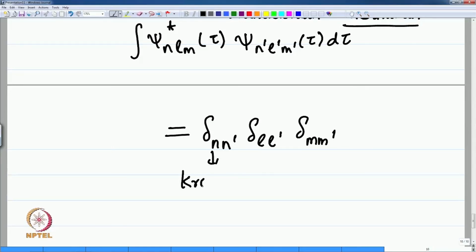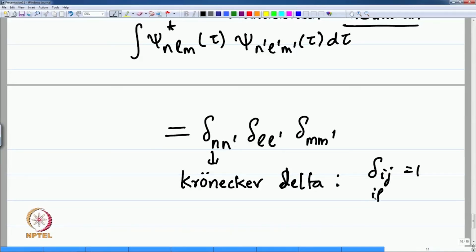This is Kronecker delta, meaning delta ij is 1 if i is equal to j, delta ij is 0 if i is not equal to j.